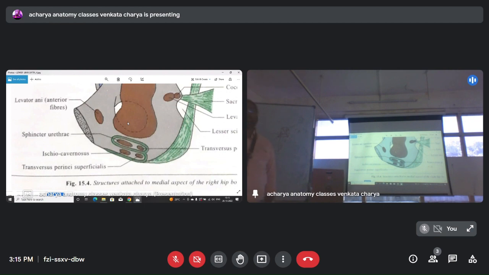Next, deep perineal pouch consists of sphincter urethrae and deep transverse perineae muscle.